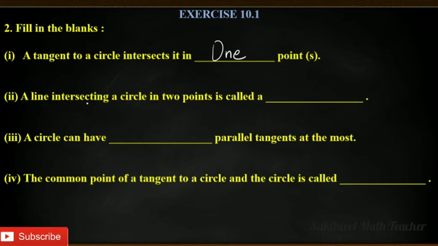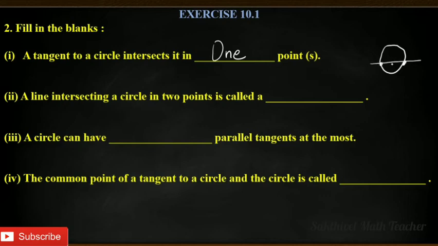See, a line intersecting a circle in 2 points is called a dash. Generally, one line intersecting a circle in 2 points, what is it? Let me show the diagram. You see here, I have one circle. 2 points are there. So I am drawing one straight line through the points.